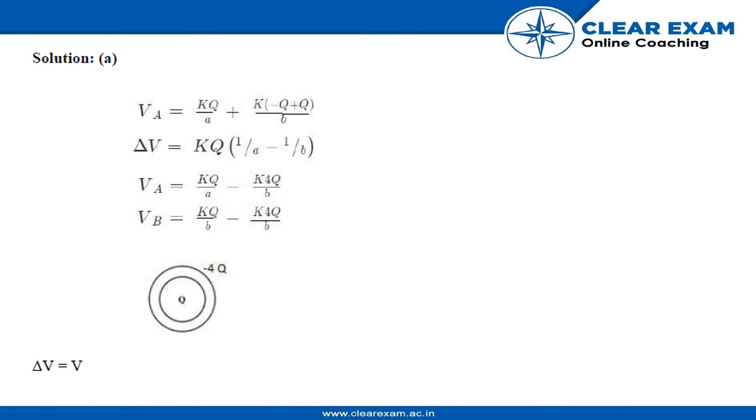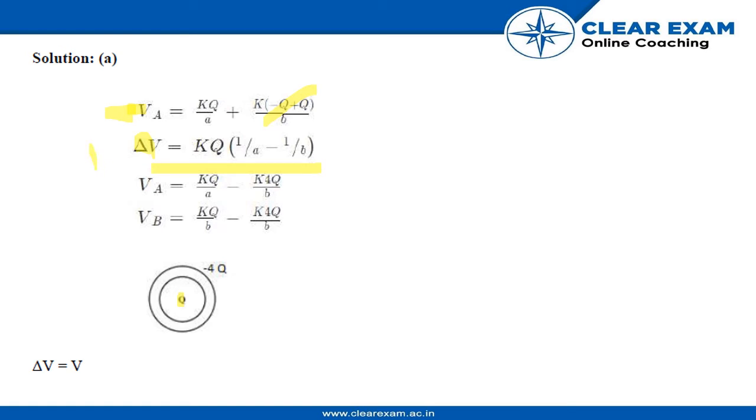Initially, where A is the center point, the potential is KQ by A, caused by the surface of the inner sphere, plus K times minus Q plus Q by B, which in total is caused by the outer shell and comes out to be KQ by A. So this is the initial potential difference, which comes out to be KQ times (1 upon A minus 1 upon B).